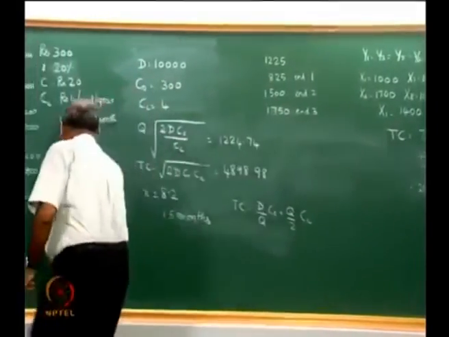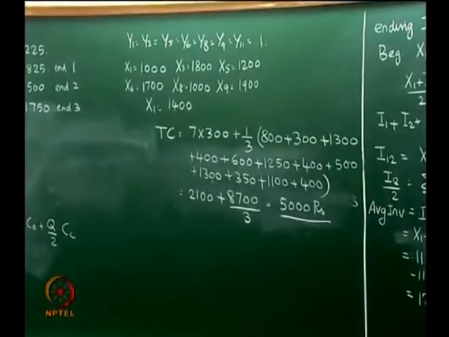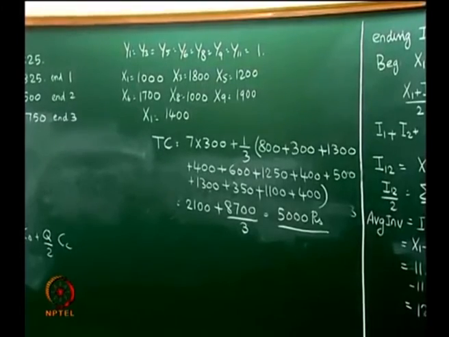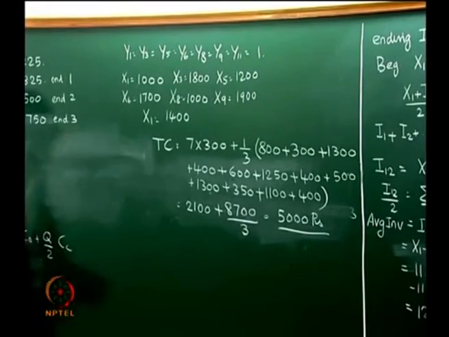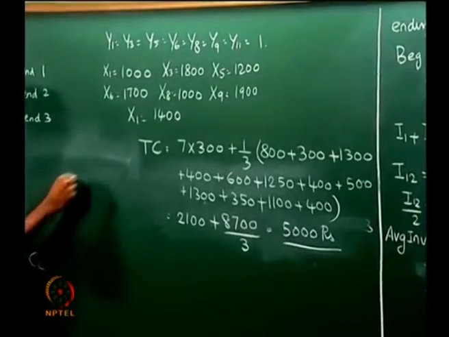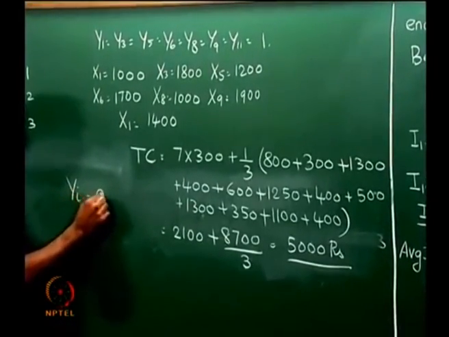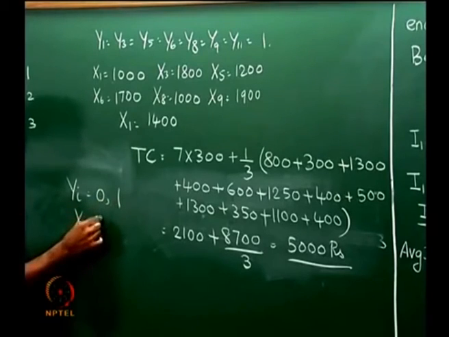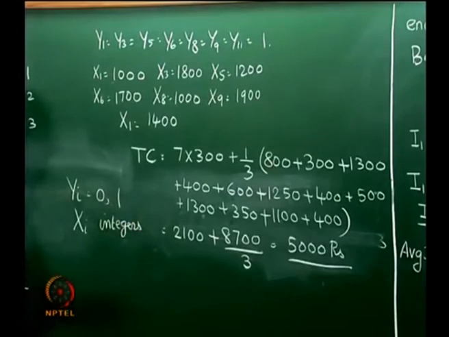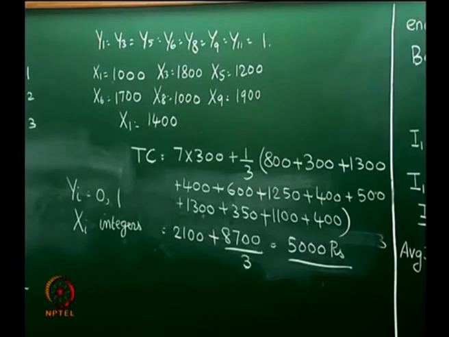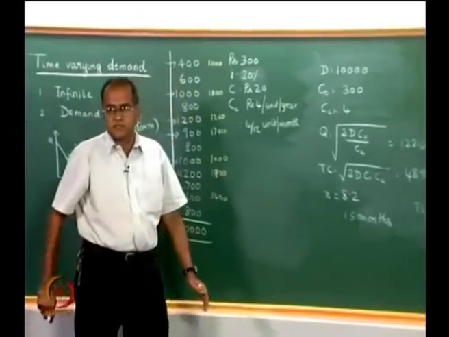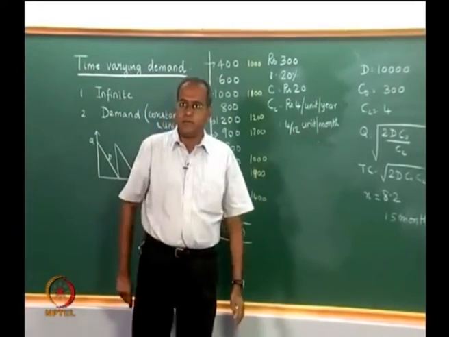Now having seen this, let us look at a couple more instances. One is, this problem is formulated and solved as an integer programming problem, where the yi's were binary variables and xi were defined as integers. I also mentioned a little earlier that it is not really necessary to keep them as integers because the demands themselves are integers, but the yi's have to be binary.